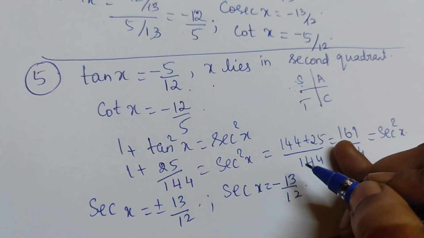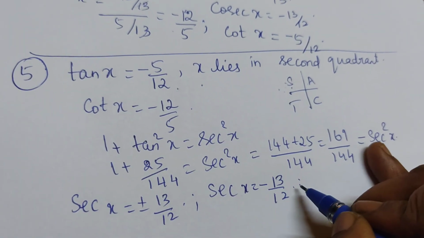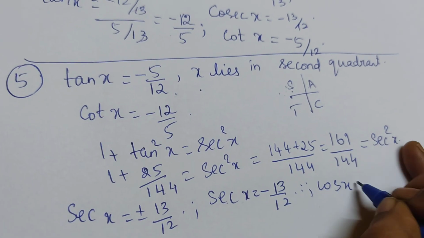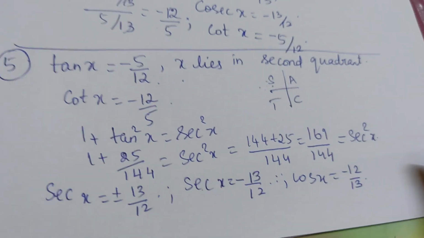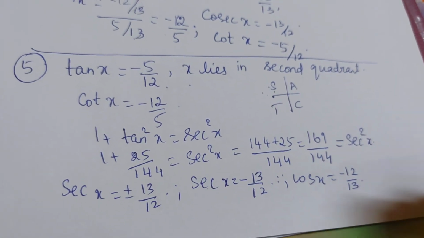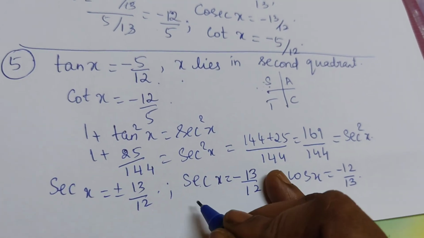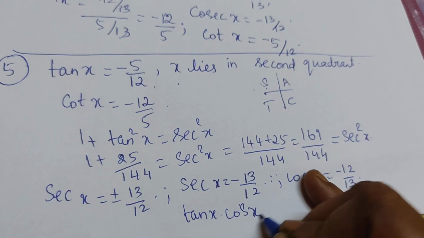We got secant x, and its inverse is cos. So cos x will be minus 12 by 13. And we have to find sin. So tan x into cos x will give us sin x.